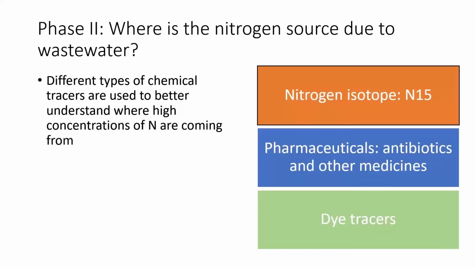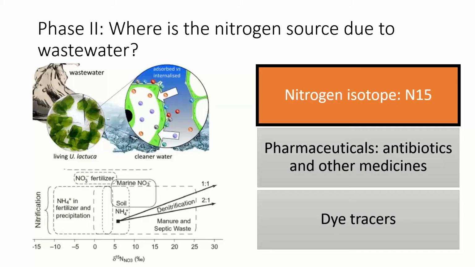But from there, if you looked at that timeline, you'll see that UH-Hilo and some of the other partners then continued on to more advanced studies. Nitrogen isotopes is one of those phase 2 indicators that can help isolate whether it's a wastewater or agricultural problem. Nitrogen isotopes work by having any nutrients with nitrogen that go through a wastewater system become denitrified, right? Their nitrogen is changing in form and gets a different isotopic composition.